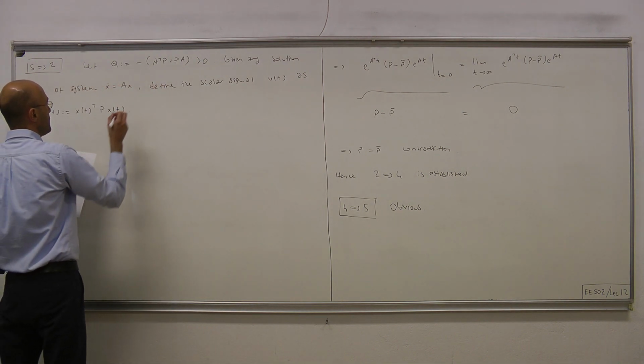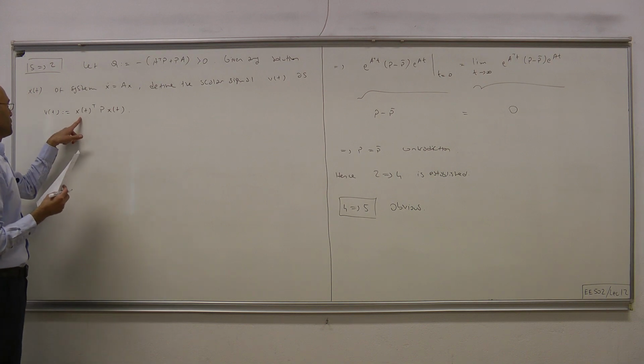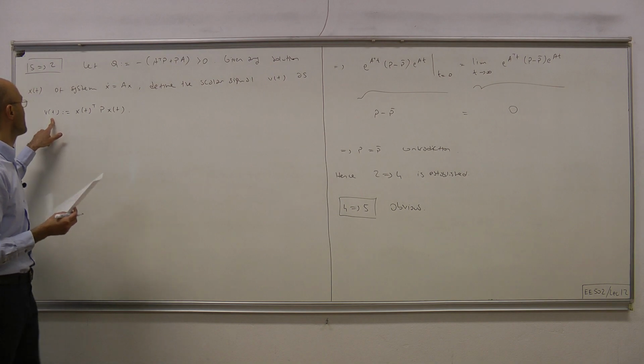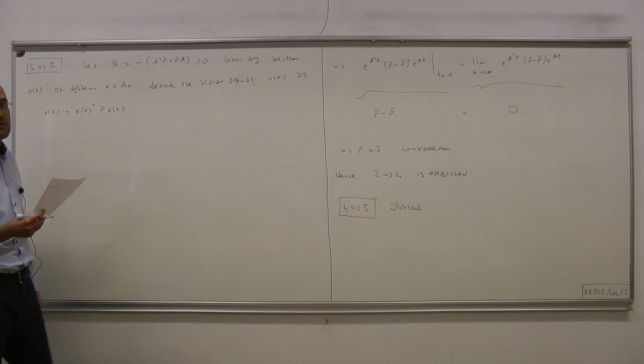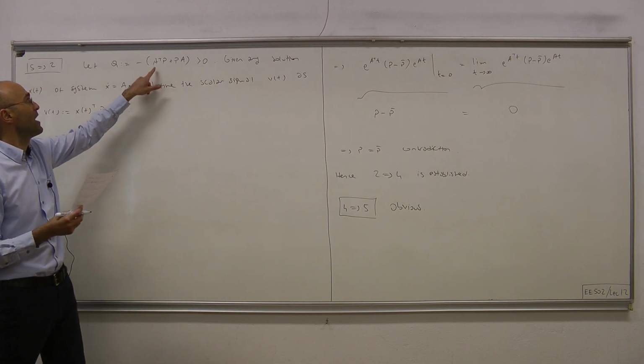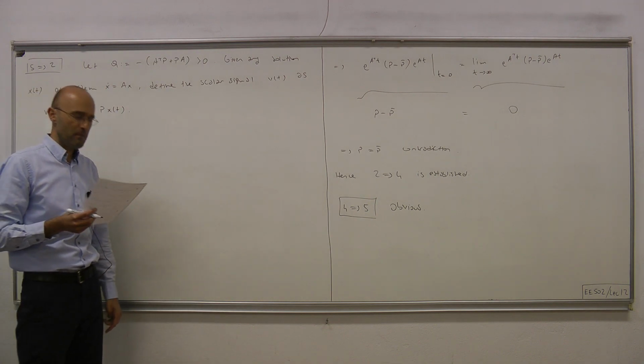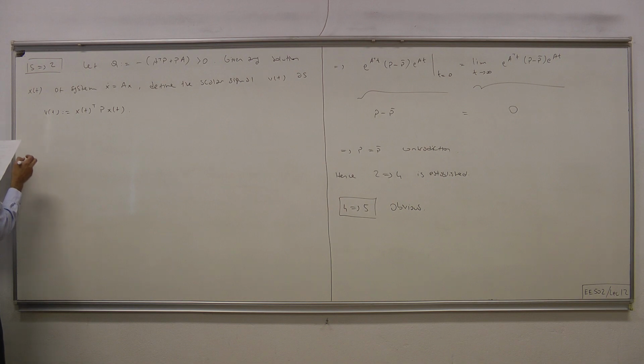Now what we're going to do is look at the derivative of v of t, and we'll obtain something very important about that derivative due to the fact that A transpose P plus PA is a negative definite matrix. So let's see how.